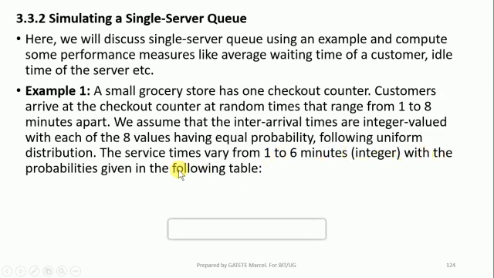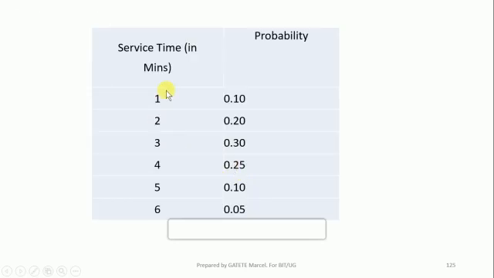With the probabilities given in the following table, we have service time in minutes, starting from 1 till 6. What is the probability that the customer will be served in 1 minute? It is 0.10.